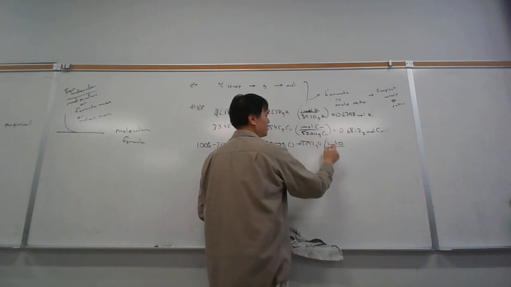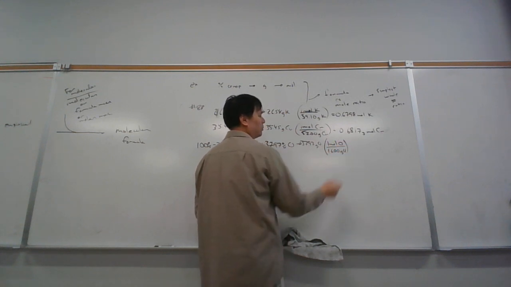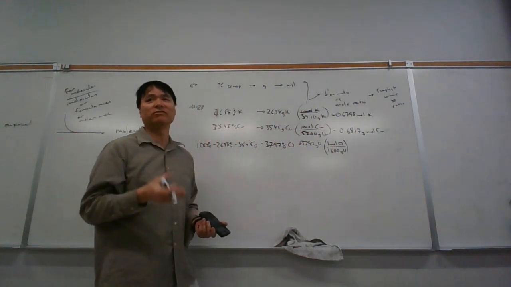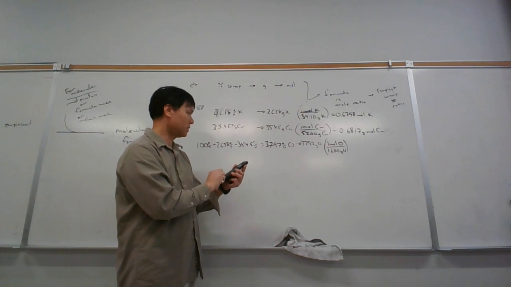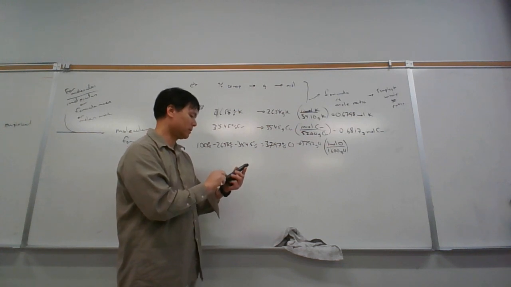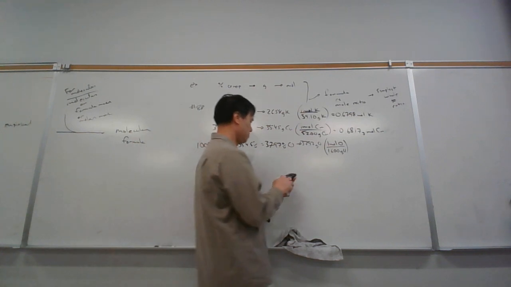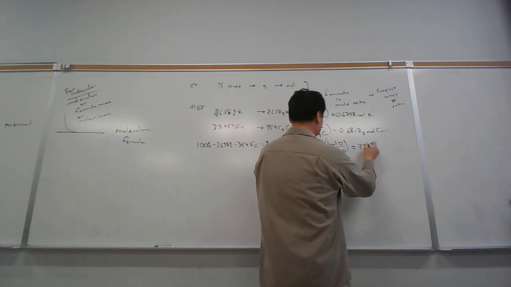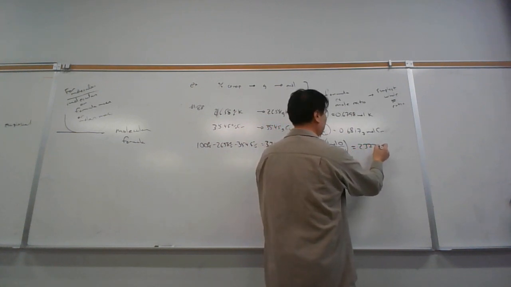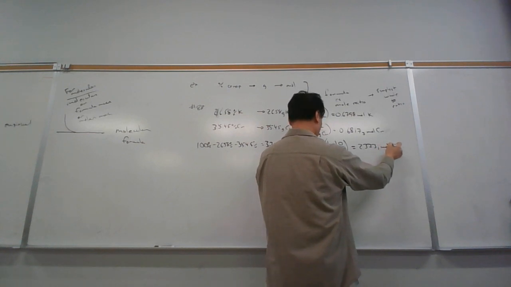Yeah, 16.00. The zeros are important because we want 4 sig figs. And so this is 37.97 divided by 16, which is 2.3731 moles of oxygen.